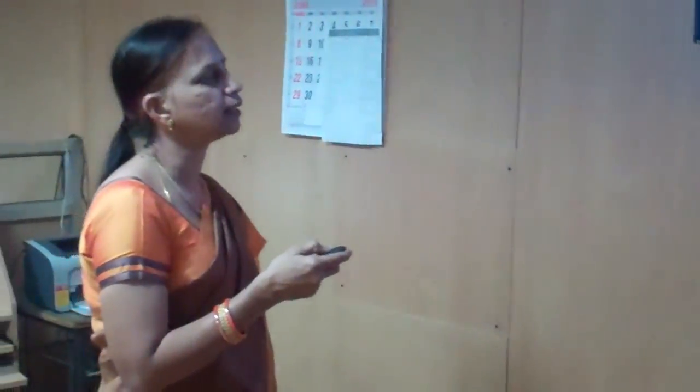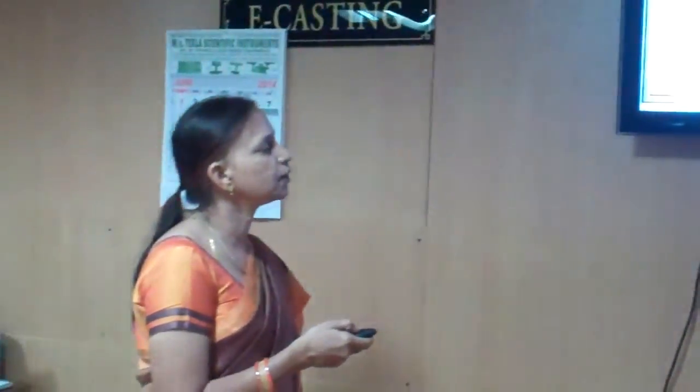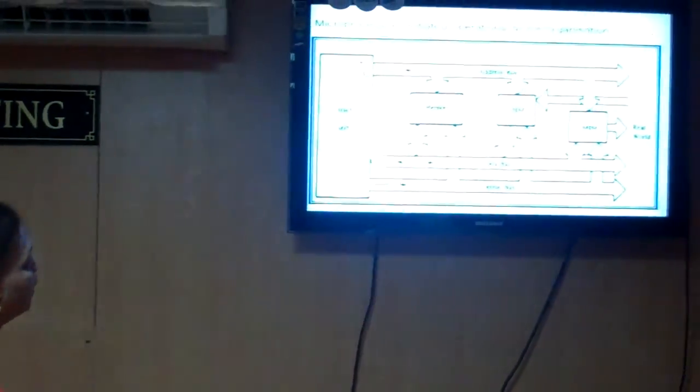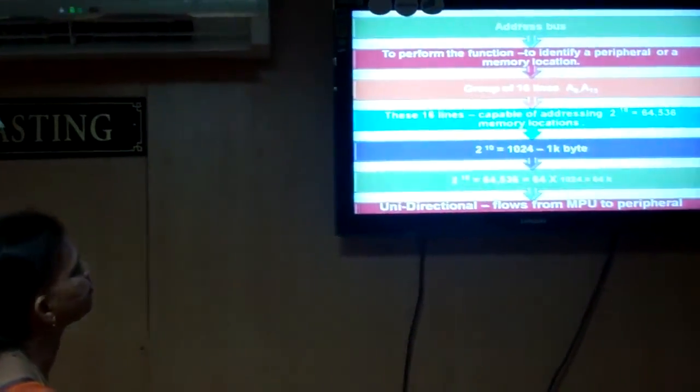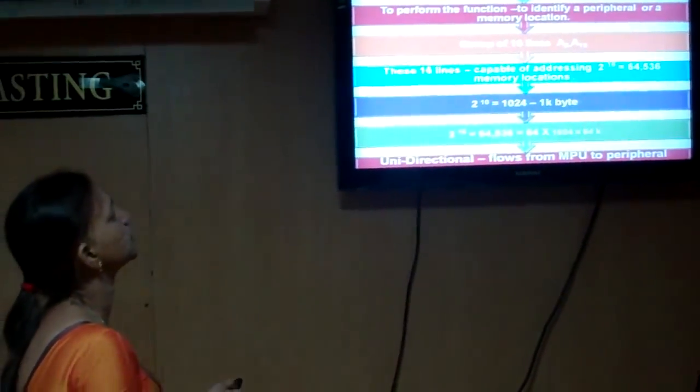And to provide proper timing and control synchronization signals, we have what is known as the control bus. This control bus, as we already discussed, provides synchronization among the various devices. Now let us see what this address bus and the data bus are that we are talking about.